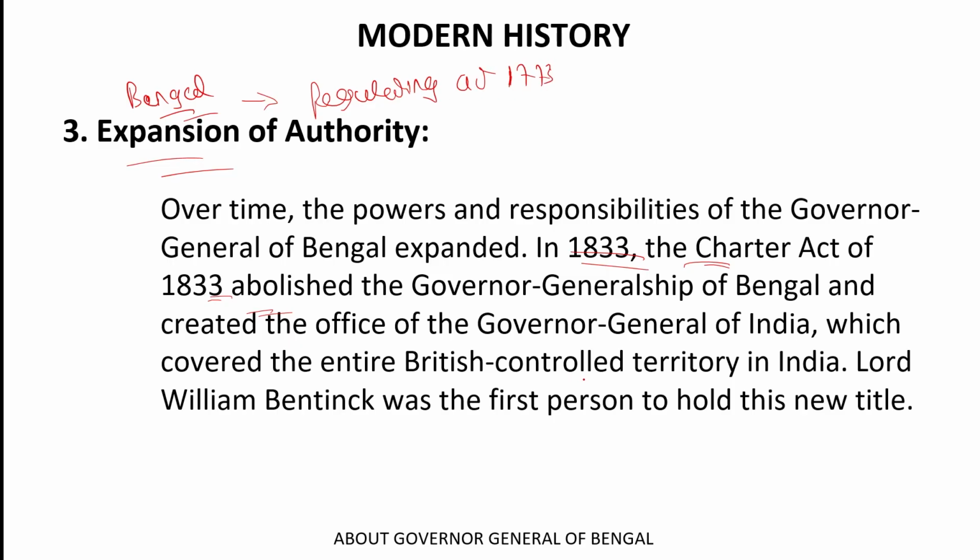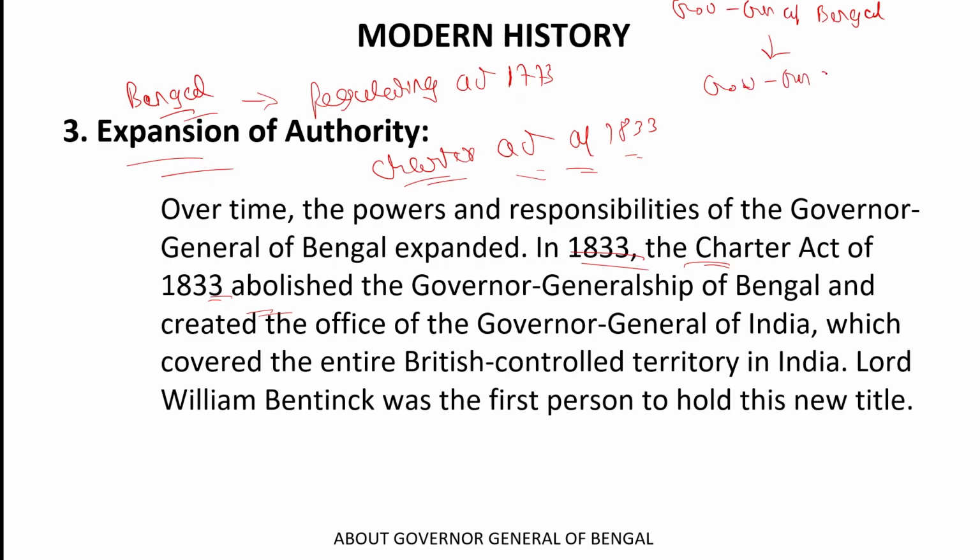But after some years, in 1833, they passed one more act, which is known as the Charter Act of 1833. In this act, they changed the Governor General of Bengal to Governor General of India.